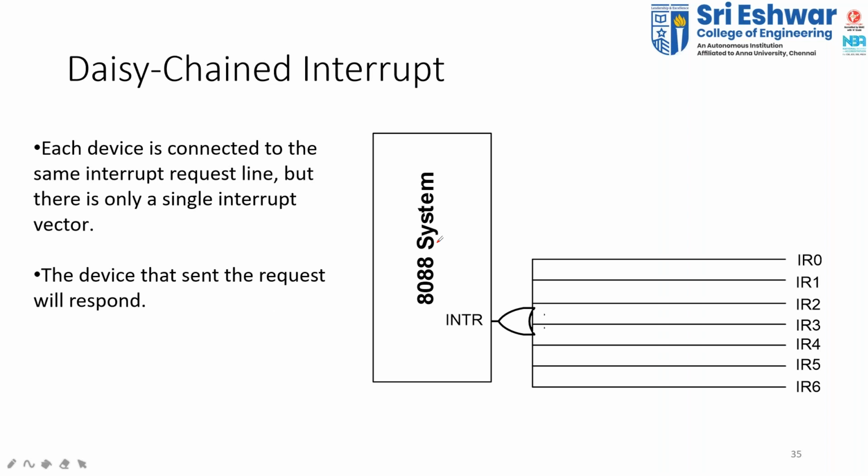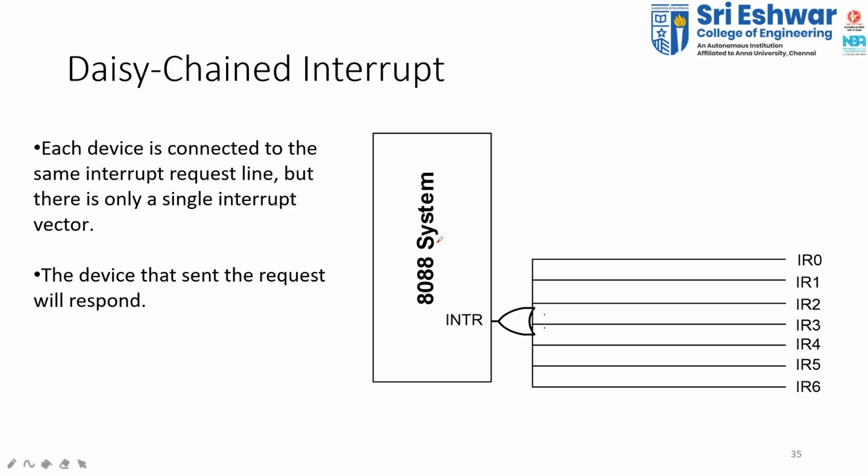And next is daisy chained. From the figure you can understand we have interrupts IR0 to IR6. These interrupts will be connected to the OR gate. What is the application of the OR gate? The OR gate is adding, correct?